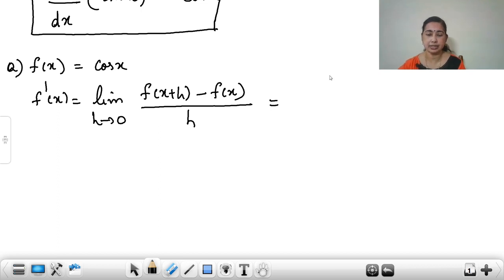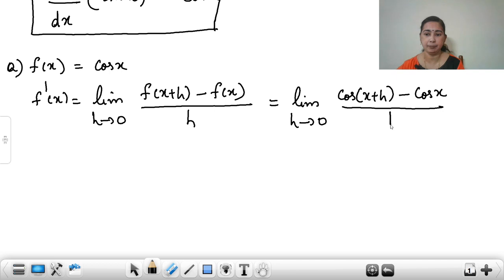So same way as the last one, limit h tends to 0. Instead of f of x plus h, we can write cos of x plus h minus cos x whole divided by h. Now our identity, cos a minus cos b is minus 2 sin a plus b by 2 into sin a minus b by 2.